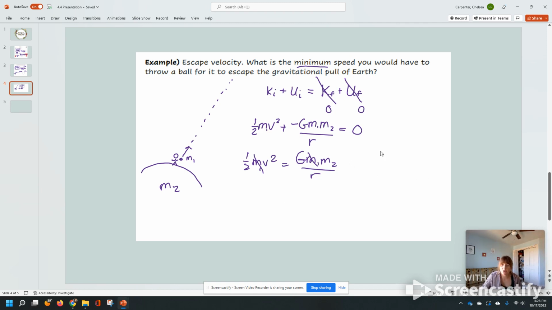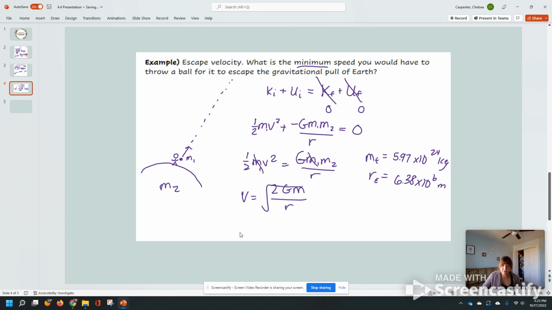Things we need to know: the mass of Earth. It's about, got it right here, 5.97 times 10 to the 24 kilograms. And the radius of Earth is 6.38 times 10 to the 6th meters. So if we plug those in and rearrange this to solve for v, so let's multiply the 2 to the other side. v equals the square root of 2G m of Earth over r of Earth.